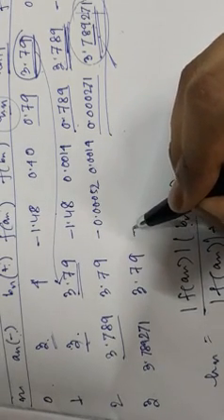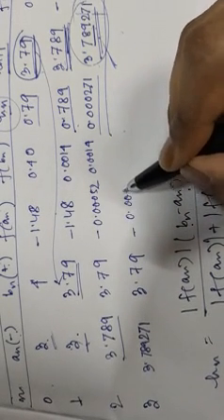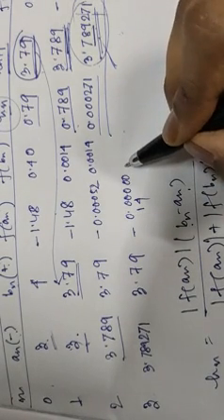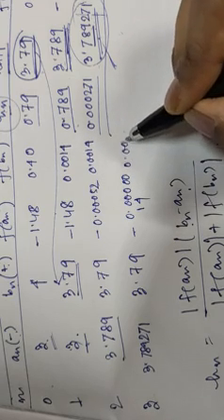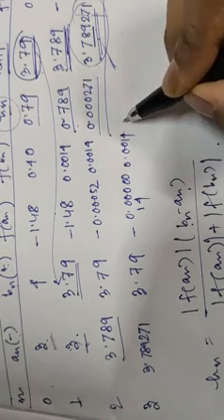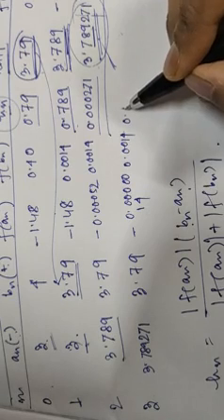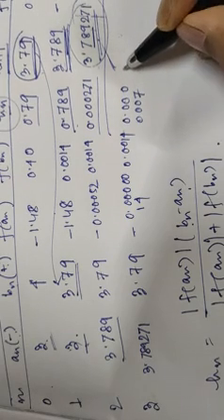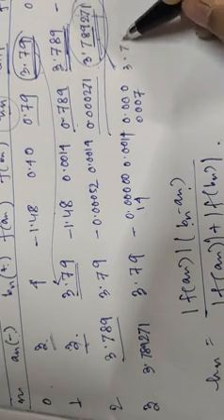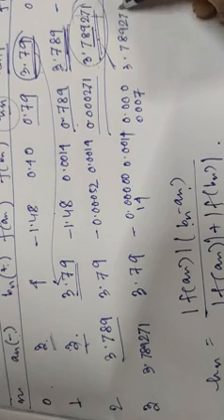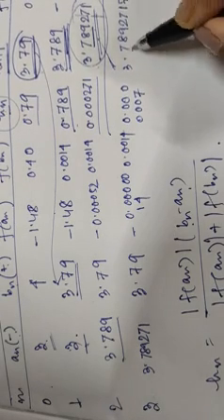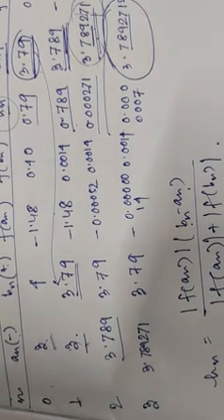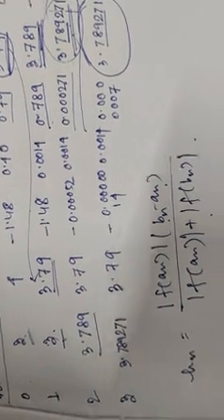Now get the value. This will be 0.0000014, and the next one is the same, 0.0014, and this value hn is 0.0000007, and this one is 3.789217. Yes, this is also correct. That means this is our required result. This is our xn plus 1.